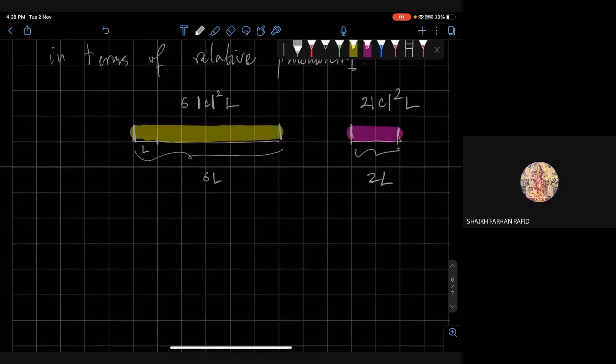Therefore, the probability of finding it here is going to be 3 times the probability of finding it here, right? So we're just comparing. There's no absolute value attached to that probability. Yeah, exactly. You cannot normalize it. You can just compare, right?